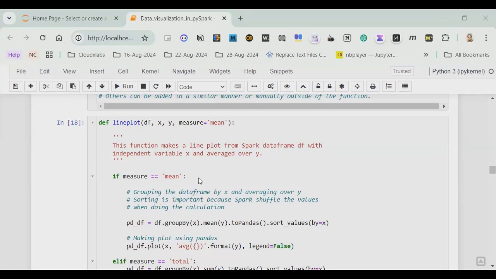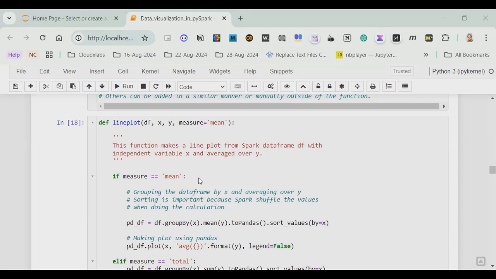So a line chart will provide comparison, not only comparison, it also explains how the values are changing accordingly. Okay. So for this, the main purpose of this function is to visualize the relationship between two variables in our Spark DataFrames.